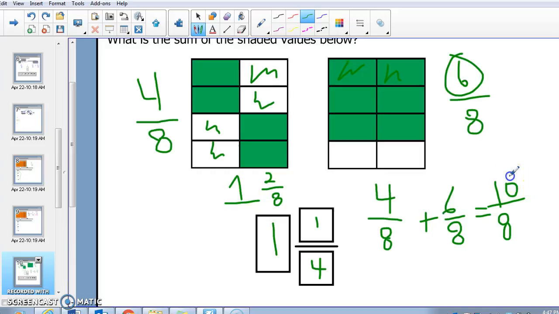So if our larger number is on top, then we know that's called an improper fraction, and we know that it's going to need to turn into a mixed number. So 8/8 would be our one whole. We have 2 left because it's 10. So 1 and 2/8, or 1 and 1/4.